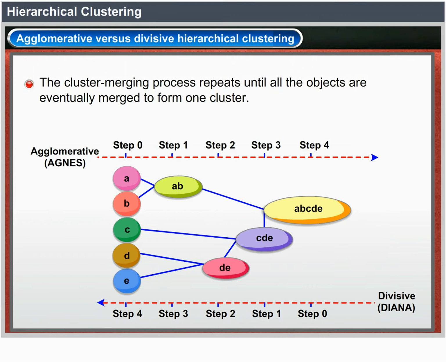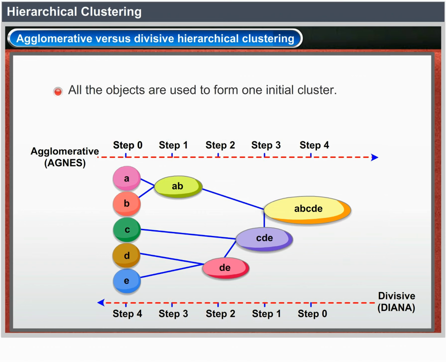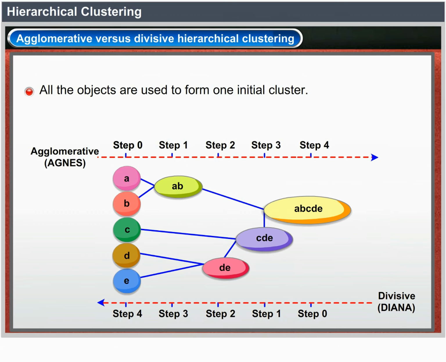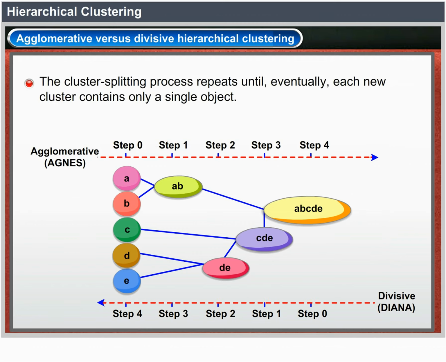DIANA, the divisive method, proceeds in the contrasting way. All the objects are used to form one initial cluster. The cluster is split according to some principle, such as the maximum Euclidean distance between the closest neighboring objects in the cluster. The cluster splitting process repeats until eventually each new cluster contains only a single object.